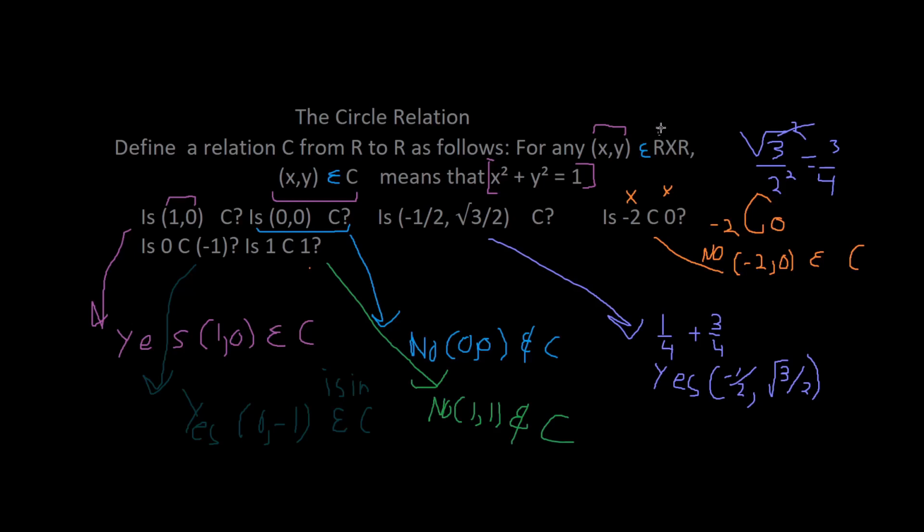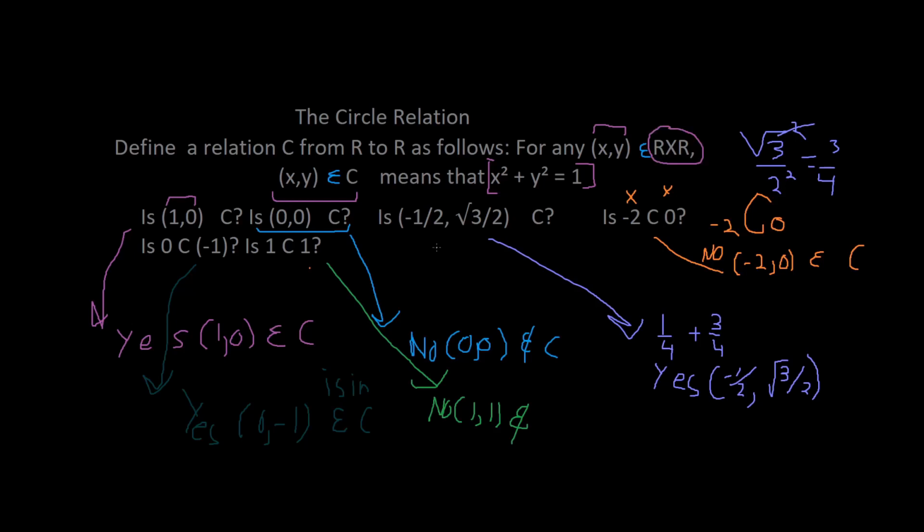We're doing R cross R, and what's R cross R? That's the set of all real numbers. So this is our set. We just have to say our domain is R and our codomain is R.